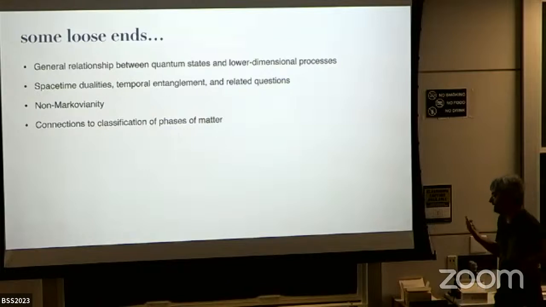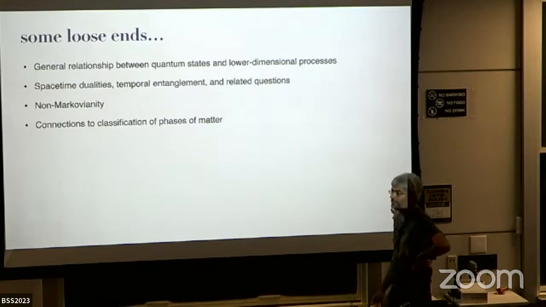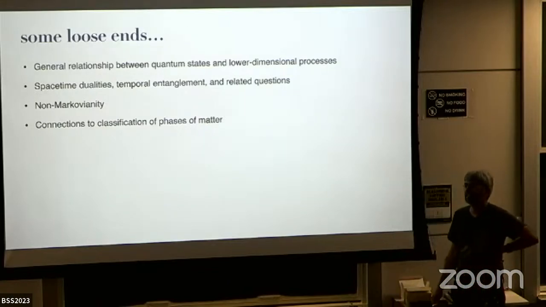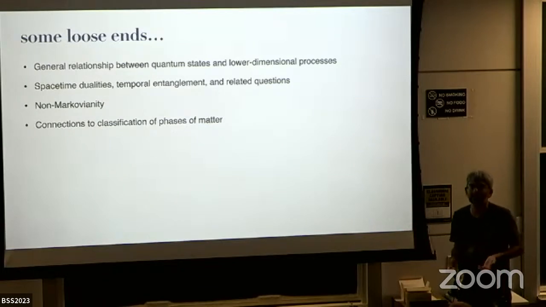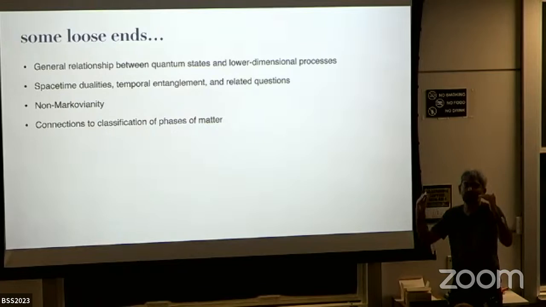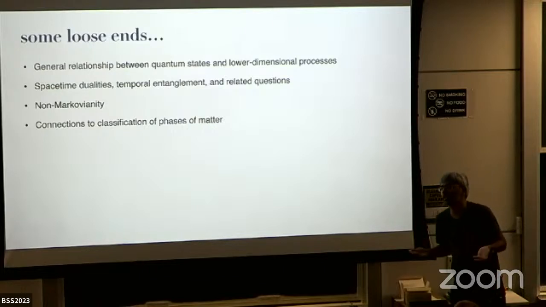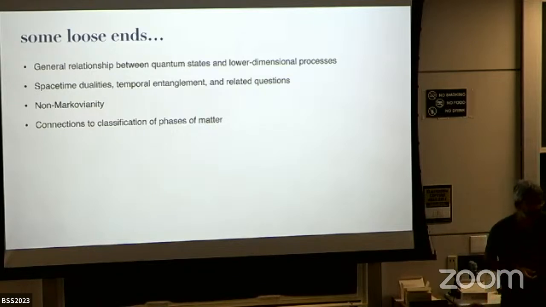The way most of us always thought about phases of matter is that you can't get from one to the other in finite time. But it's pretty clear now that if you allow for these new types of processes, that idea breaks down. You can get from something to a qualitatively different something in finite time. Whether you call that a phase or not is a bit semantic, but non-trivial changes in entanglement structure can happen at finite time. So how does that fit into our understanding of phases of matter?